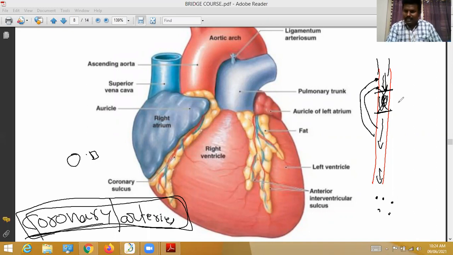They will try their maximum to remove this fat. If they are unable to remove this fat, they will suggest bypass surgery.